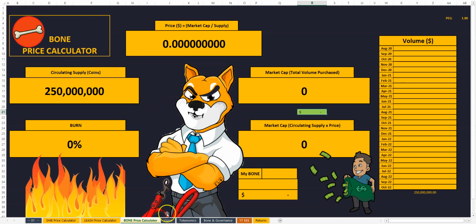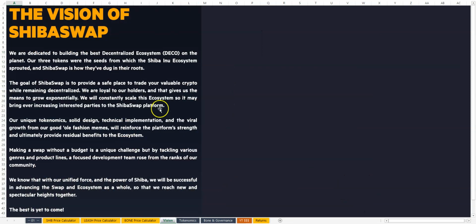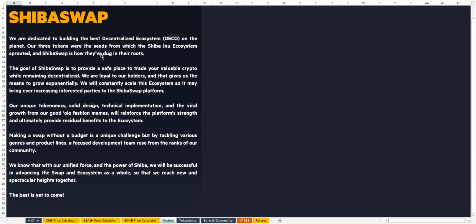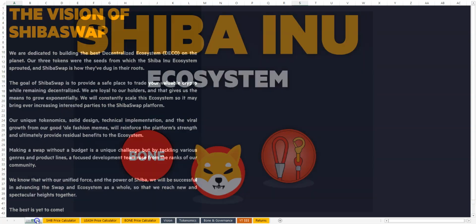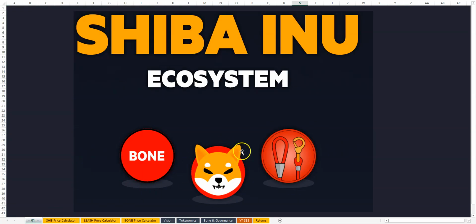So important, though, that if you read the white paper, you'll realize the developers actually didn't keep any SHIB token. They minted a copious amount of tokens, but they didn't really hold any of them for themselves.